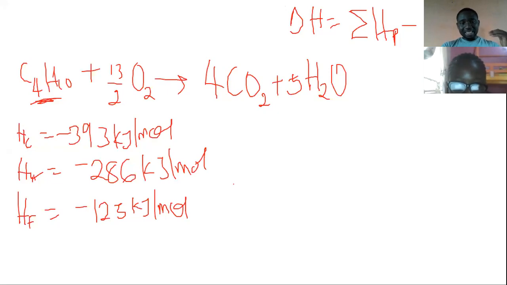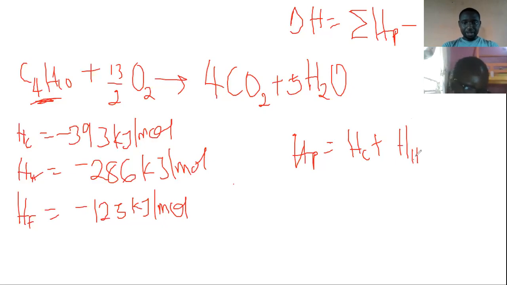When we talk about the heat of the product, in this case it will become the sum of the heat of combustion of carbon plus the sum of the heat of combustion of hydrogen.